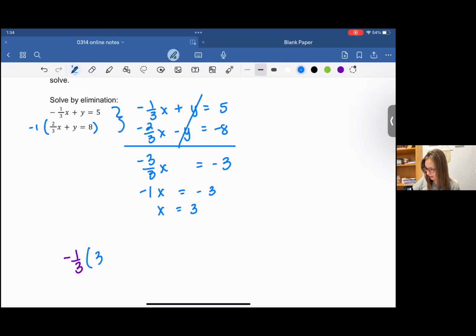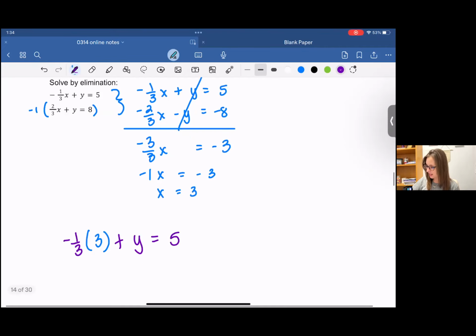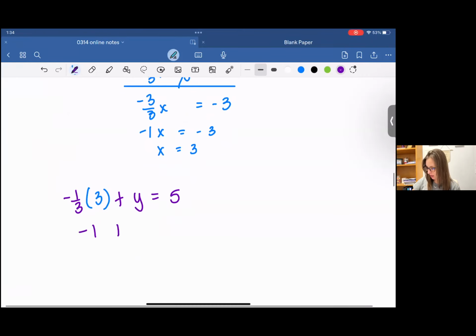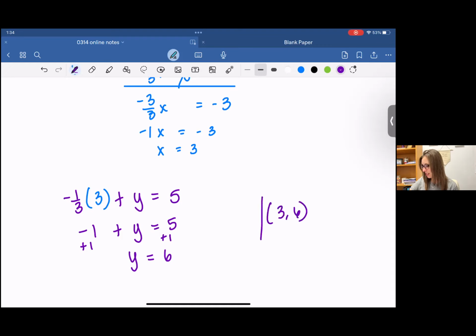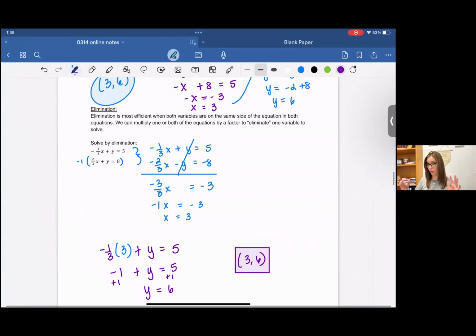So I'm substituting 3 for x. Oh my goodness. Plus y equals 5. Then simplify, add 1 to both sides. We get 6. So my answer is, again, (3, 6), which means that this system solved 3 different ways.